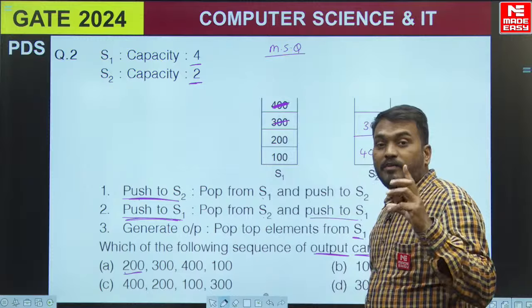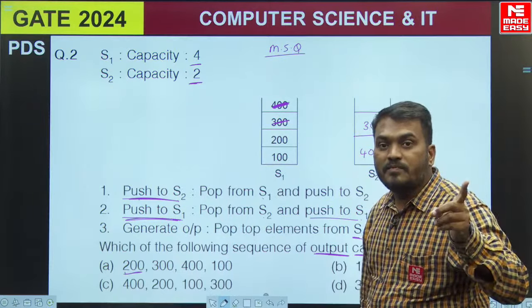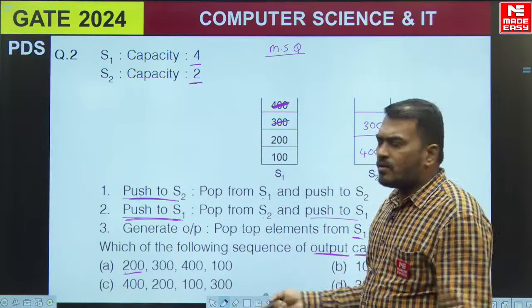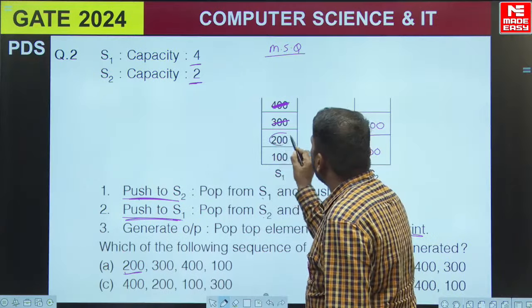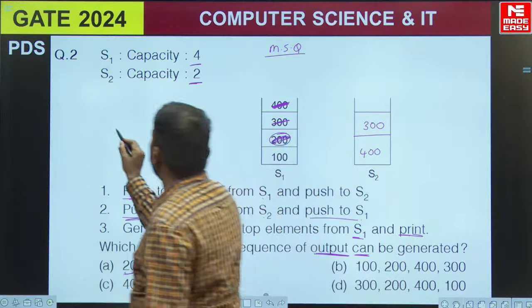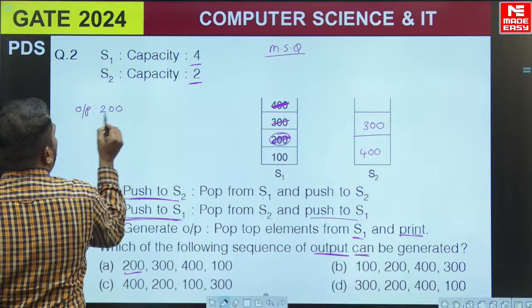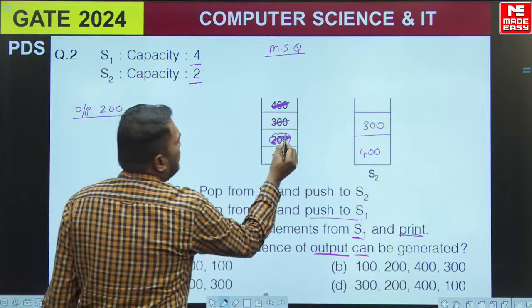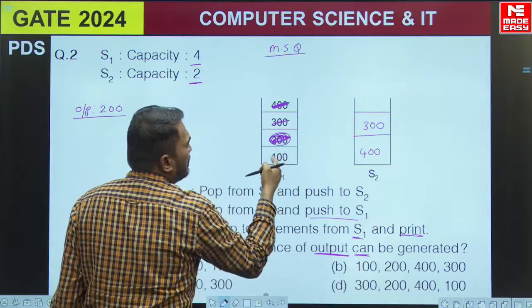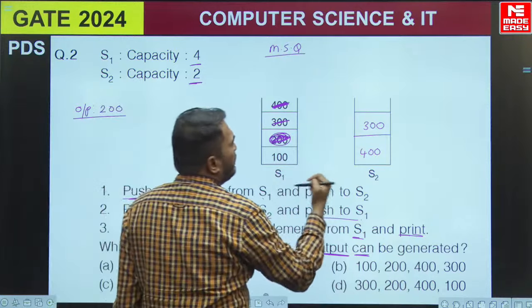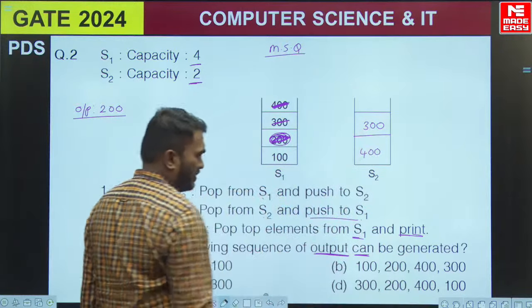Yes. Remember, if you want to print, you should always print from S1 only. So now I will remove this from S1 and print it here. See, in the first output what am I printing? I am printing 200, right. So 200 is printed. Now the top of the stack is 100. Now S2 has 300 and 400, correct.